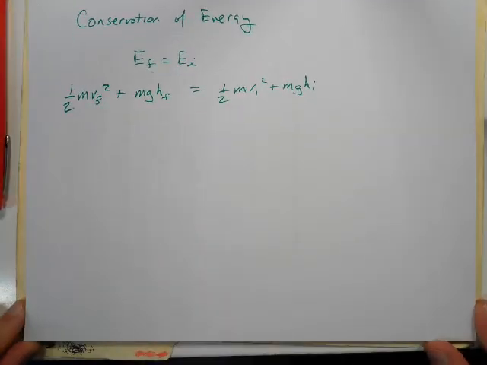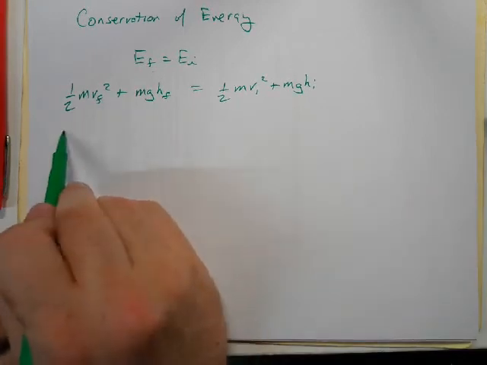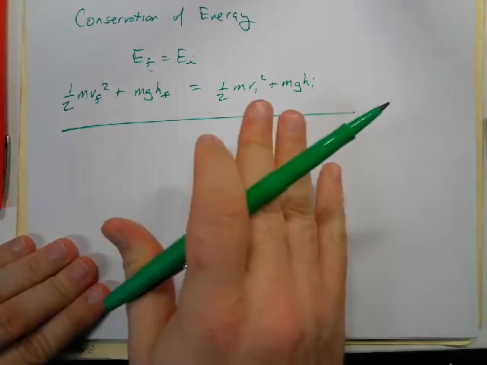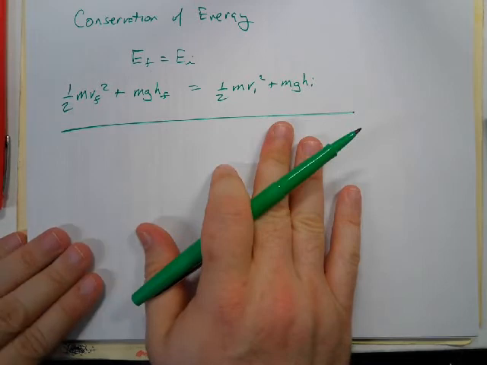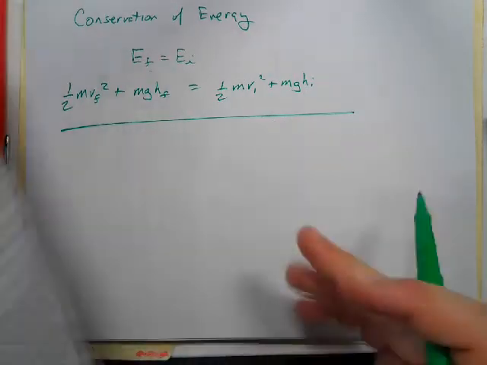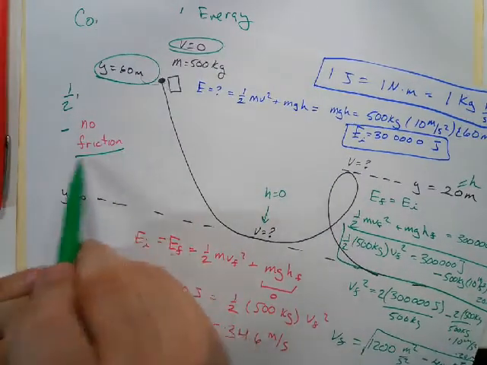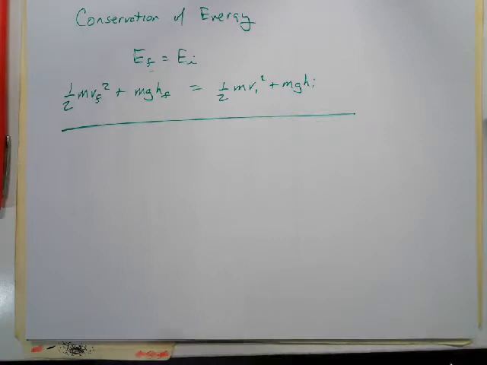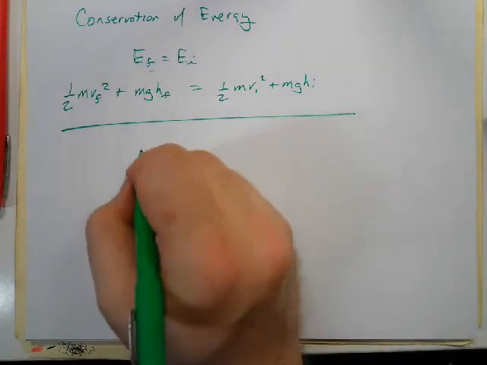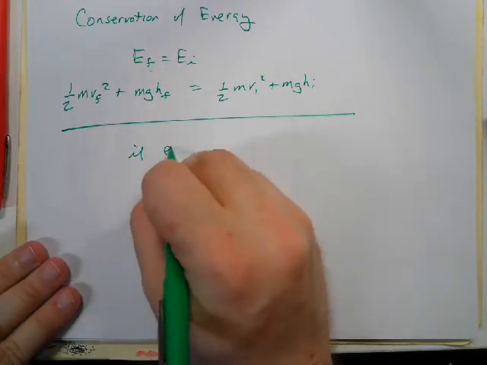So in the next video, because this is going on long enough, we'll do problems where we say, well, what if we have to include friction? Because we didn't include friction here, and we didn't include air resistance. But what happens if there's an external force?